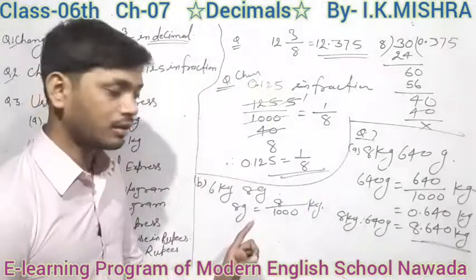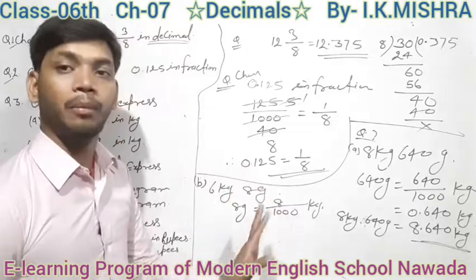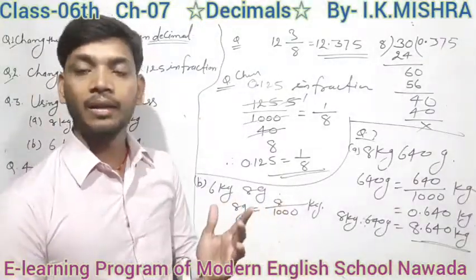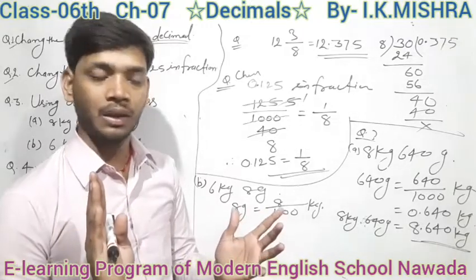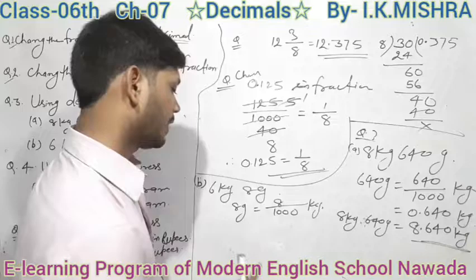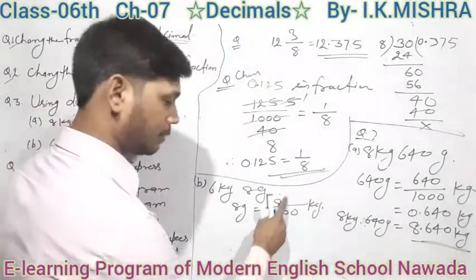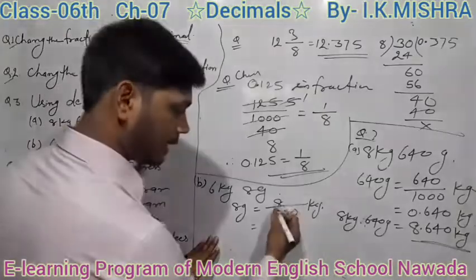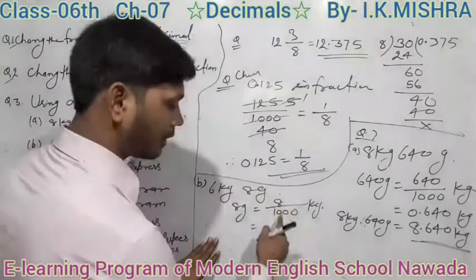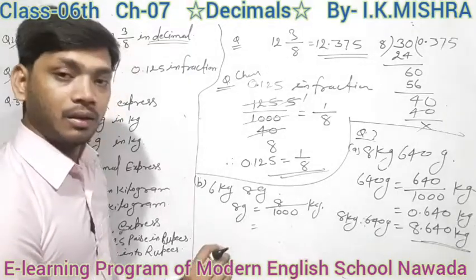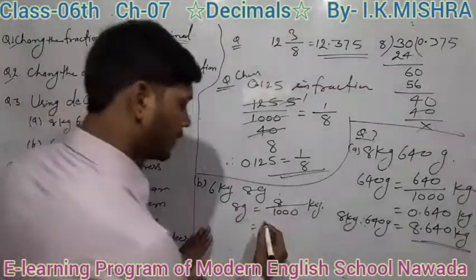When you have to change gram into kg, divide by 1000, because in 1 kg there are 1000 gram, and 1 gram is equal to 1 by 1000 kg. So 1 by 1000 kg multiplied by 8 gram. Now students, here there will be 3 zeros, that means after the decimal 3 digits.